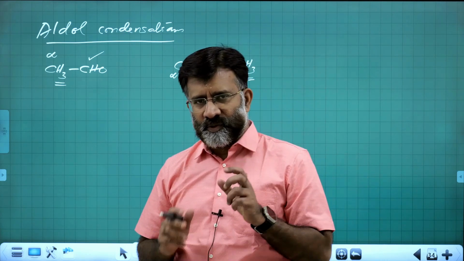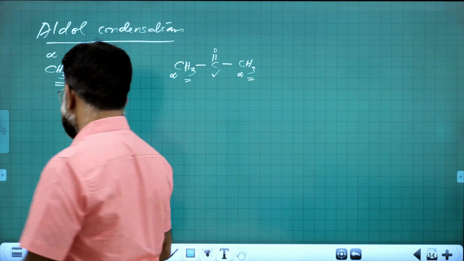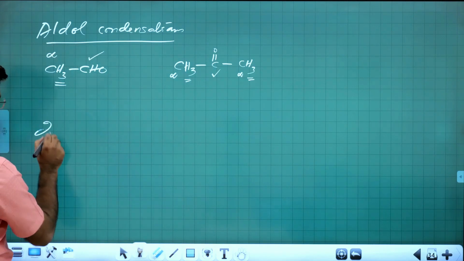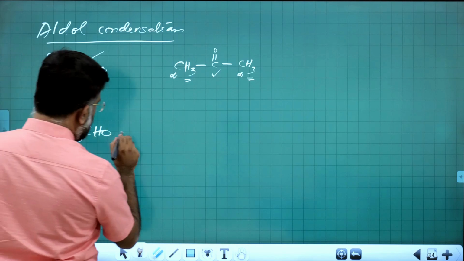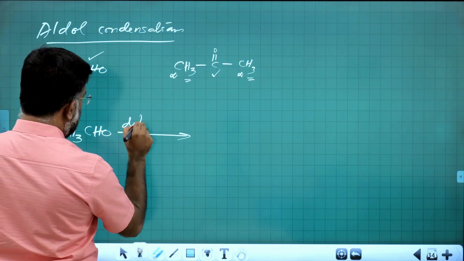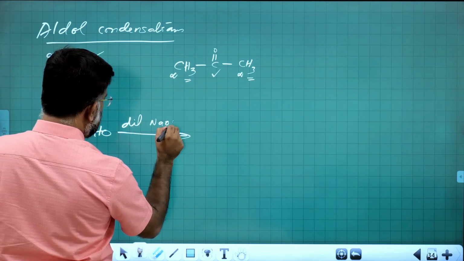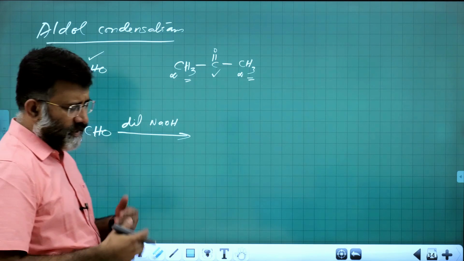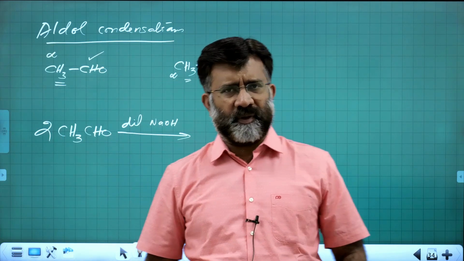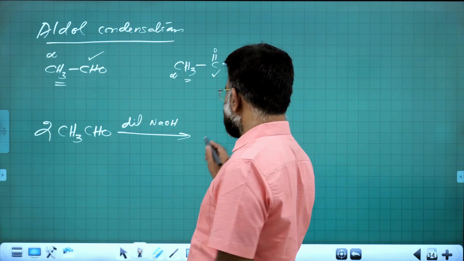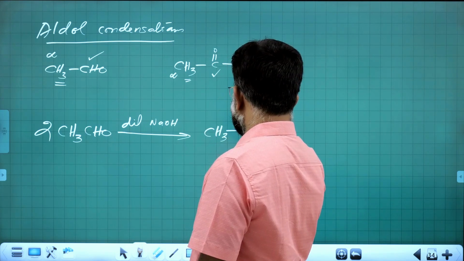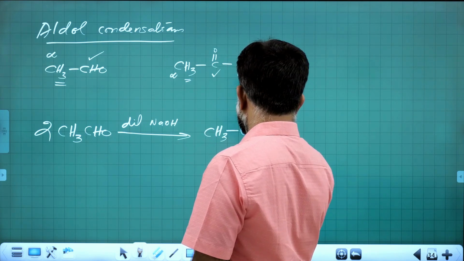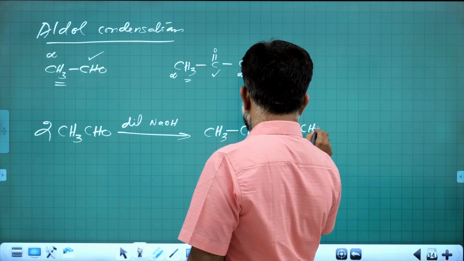Two molecules will condense to form a special product. If you take, for example, ethanal, the two molecules condense in dilute alkali solution, which is a very slow and reversible process, right? And the reaction product obtained is CH3CHOHCH2CHO.